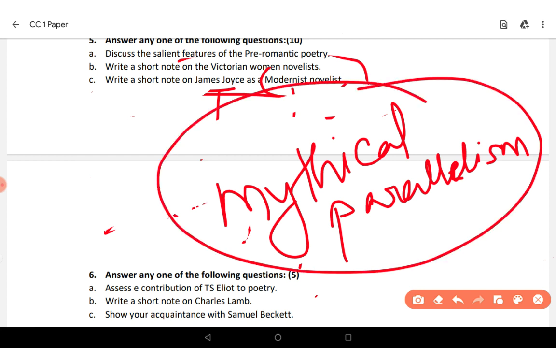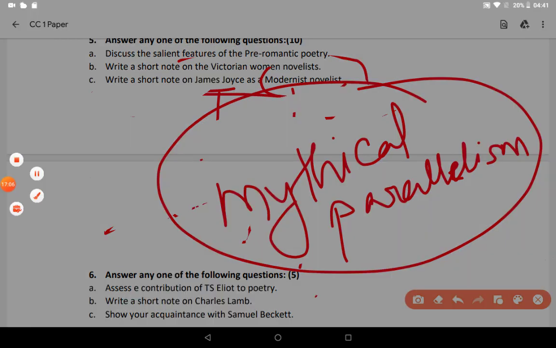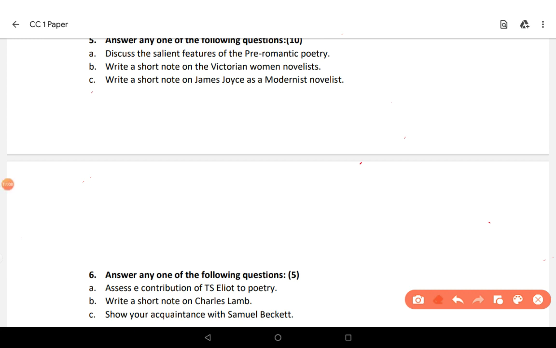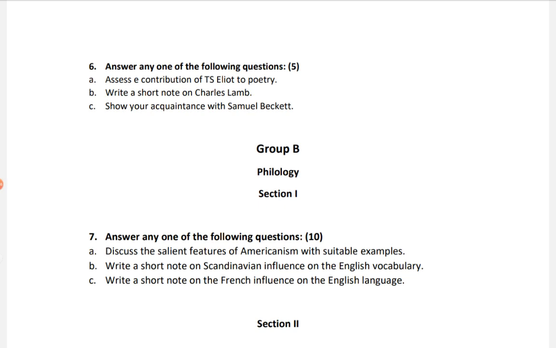I know we have only 2 days left. Google these things. You will understand what these are, and mention these keywords whichever I am writing here. All right. After writing these points, mention some of his books, some of his novels, and what kind of novels they were. And this answer is complete.